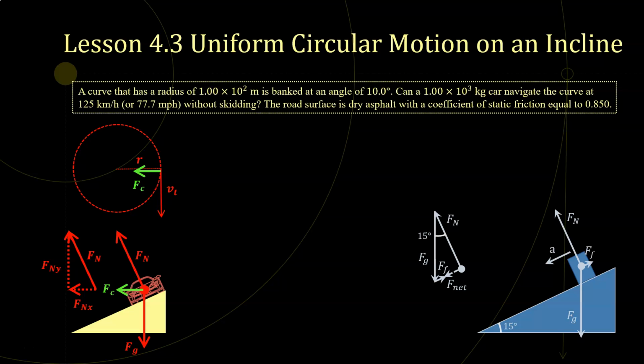Now, before we move on, let's make sure we analyze this problem to see what the angles are, because we've worked problems like this before. Notice on the right-hand side, as I'm demonstrating how we work those problems with boxes on slopes, I know that the 15-degree angle of my slope is also the top angle of my force triangle, and we proved that geometrically in the past.